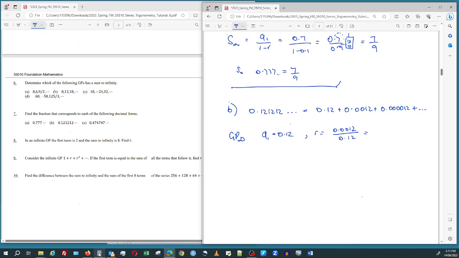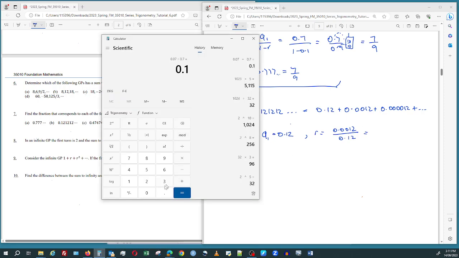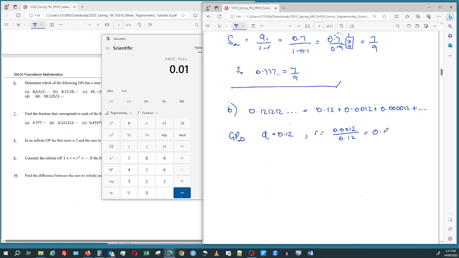So we can check to see it, just because we're cautious. 0.01, and we can say by testing for existence that 0.01 is indeed less than 1. So yes, it exists.